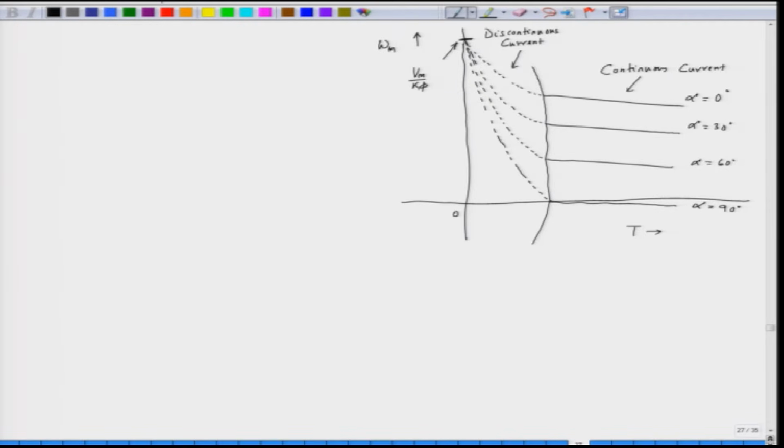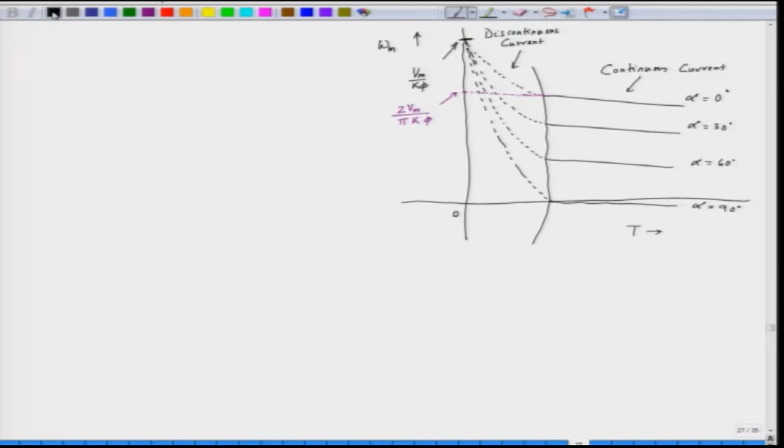However, if we extend this continuous current operation, suppose we assume that current will remain perfectly continuous, this will cut the y axis at a value which is 2 V m by pi into k phi. The no load speed under discontinuous current operation is V m by k phi, because the back EMF under no load condition is equal to V m, and that is why the no load speed for the discontinuous current operation is V m by k phi.